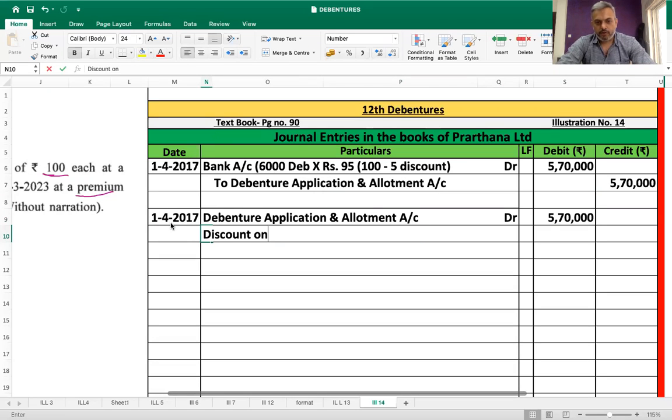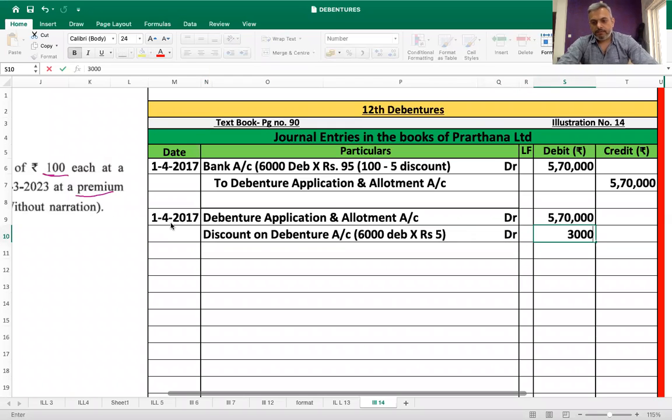So discount on debenture account, 6,000 debentures into rupees 5, 30,000.